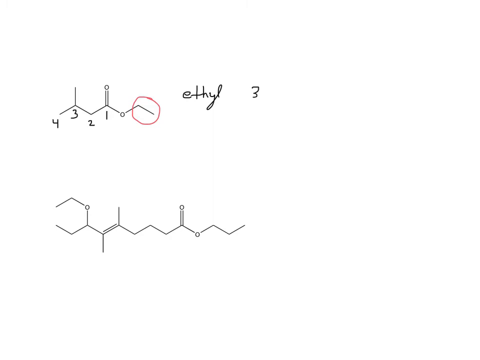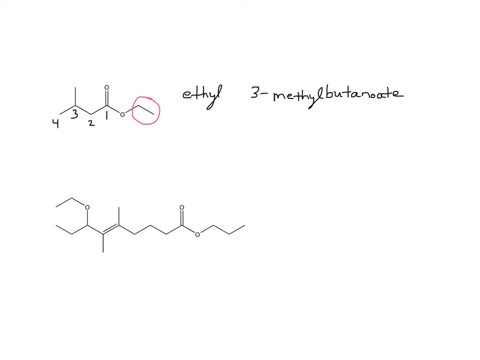So we'll have 3-methyl, and then it's based on butanoic acid. So butano, we're going to drop the ic acid part, and we're going to put an ate. So it's ethyl 3-methylbutanoate.